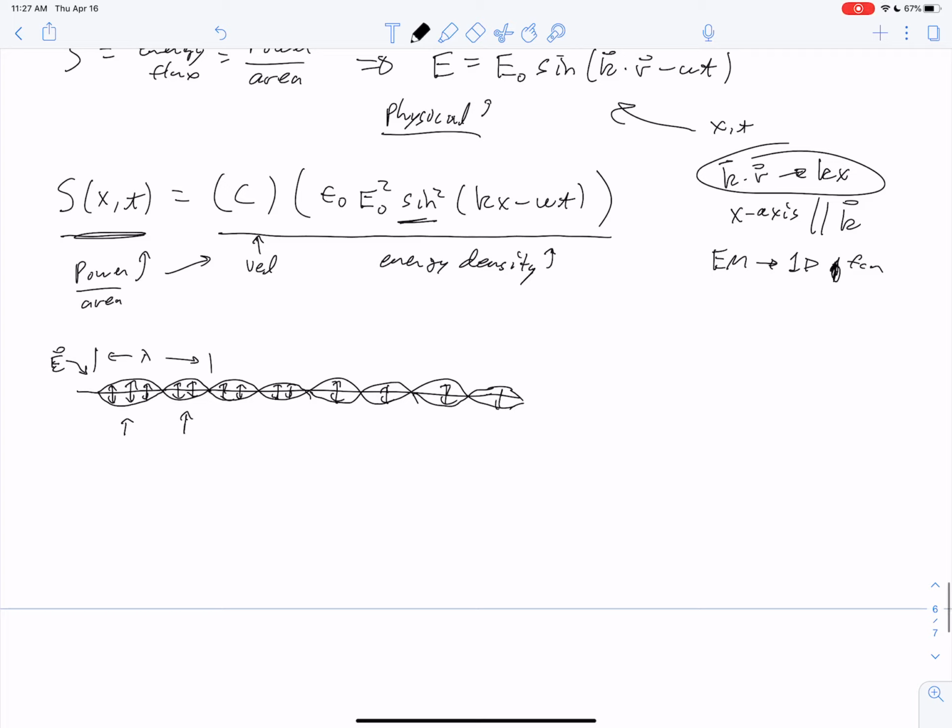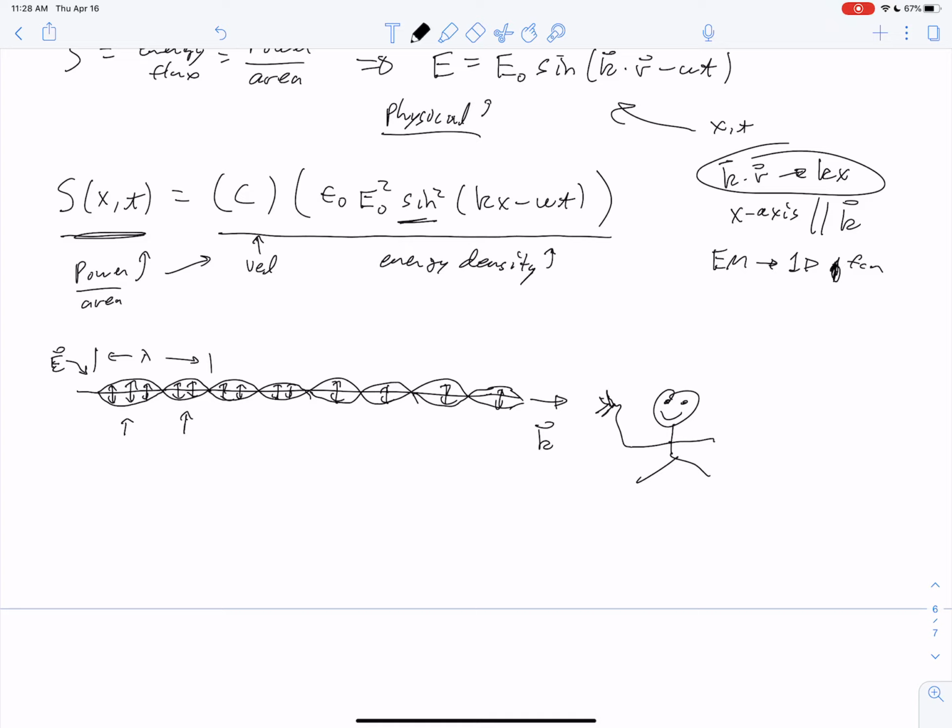These energy packets are flying through the air in some direction k. And if I'm standing here, there's me, and I'm holding up my hand, I'm saying, stop, you must practice social distancing, stop.